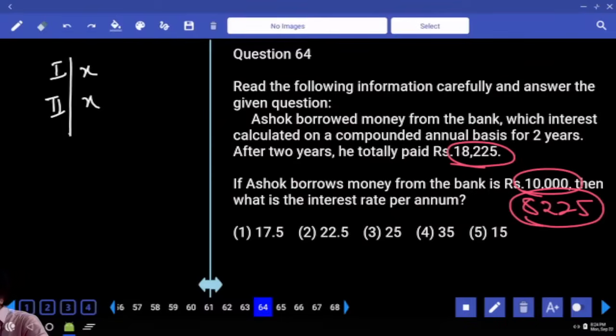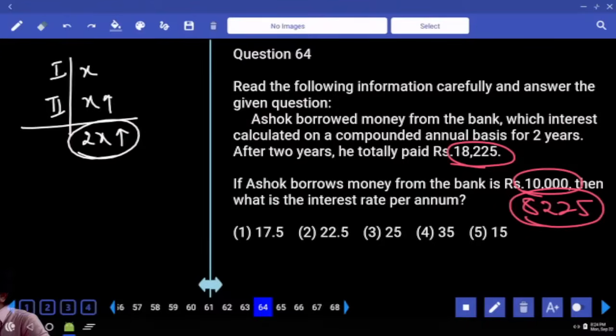So first year compound interest is also X. Second year compound interest, will that be equal to X or more than X or less than X? More than X. So now the sum of both first year compound interest and second year compound interest will be more than 2X. Then 1 year interest will be less than half of that number.